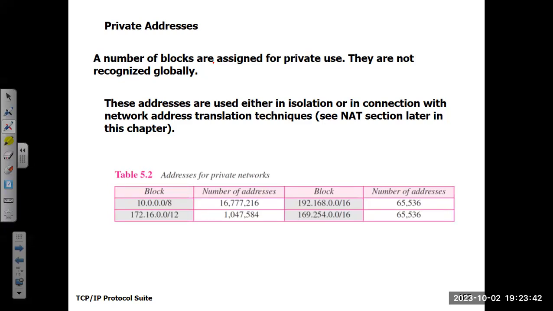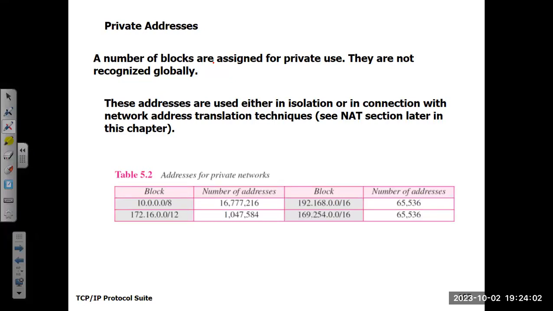So if you go to your computer now, go to Google Chrome, and type "what is my IP address," it's going to give you the public IP address assigned to you. That's the IP address assigned only to you.